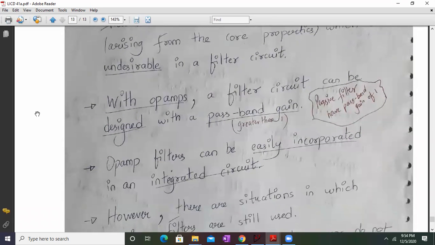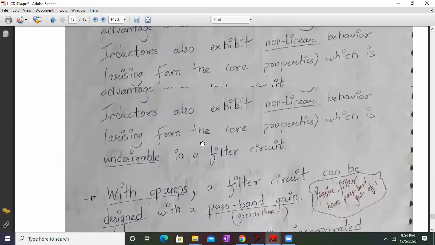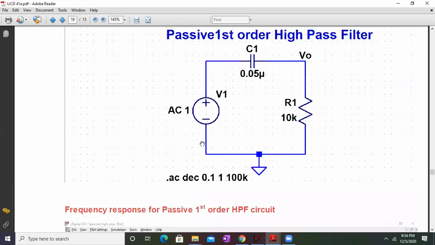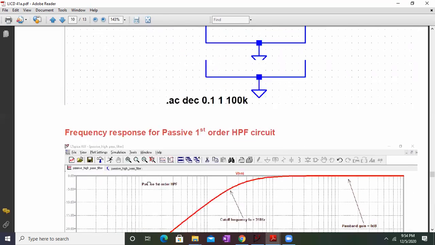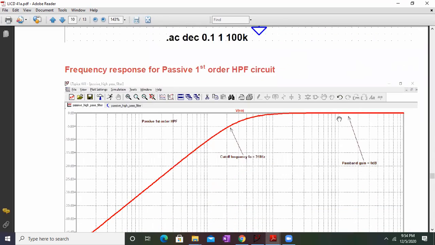With op-amps, the filter circuit can be designed with a passband gain. Normally, with all these filter circuits which we have analyzed, a passive filter can have a passband gain of 0 dB or 1. We cannot do more than that to adjust this passband gain.